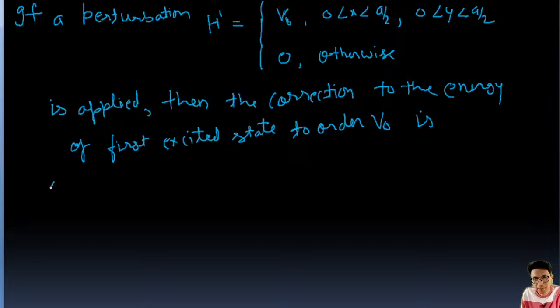Option A, which is V naught upon 4. Option B is V naught by 4 into 1 plus minus 64 upon 9 pi square.